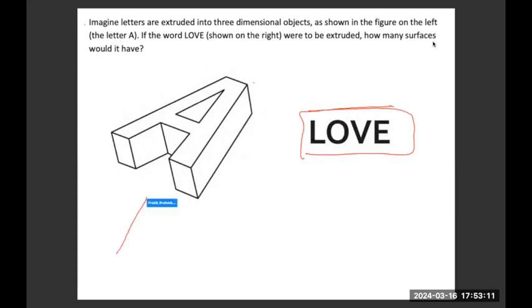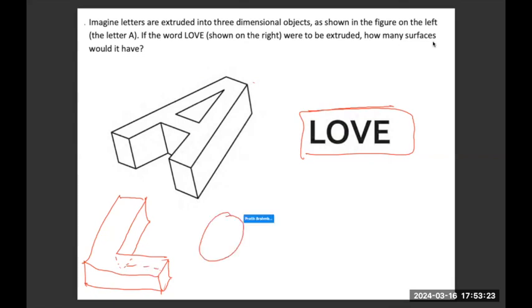It's much easier and faster instead of visualizing all the surfaces of the letters.